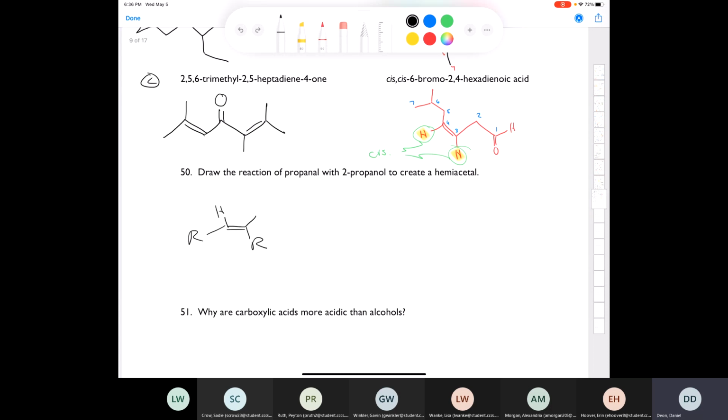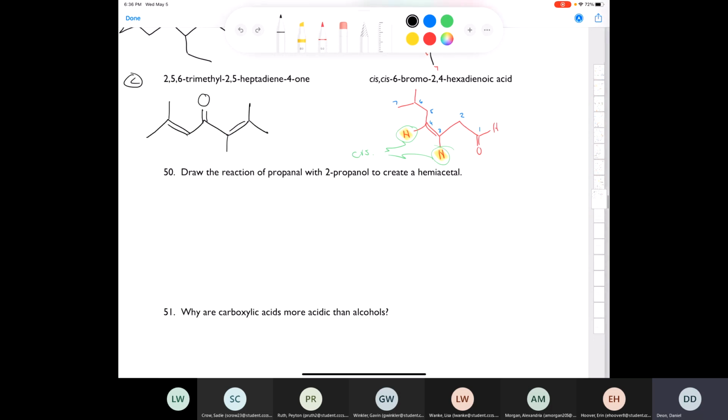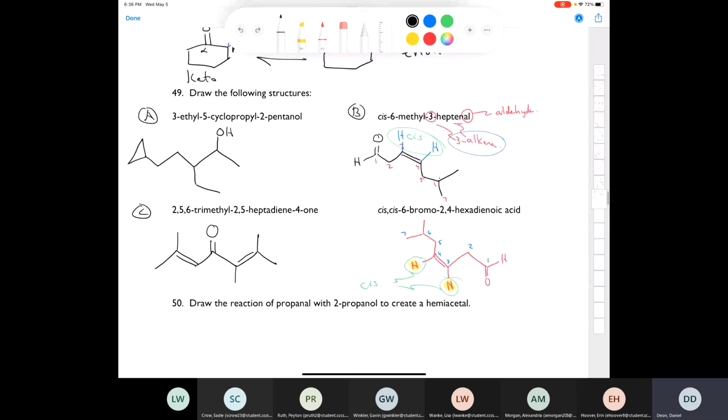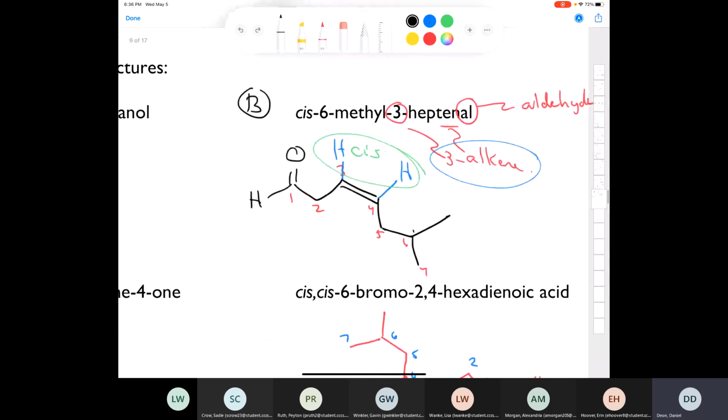Oh, yeah. Well, you just kind of follow it piece by piece, right? If you look at the name, remember, the parent has 7 carbons in it. It's a 3-heptenal. An aldehyde is always at carbon number 1.